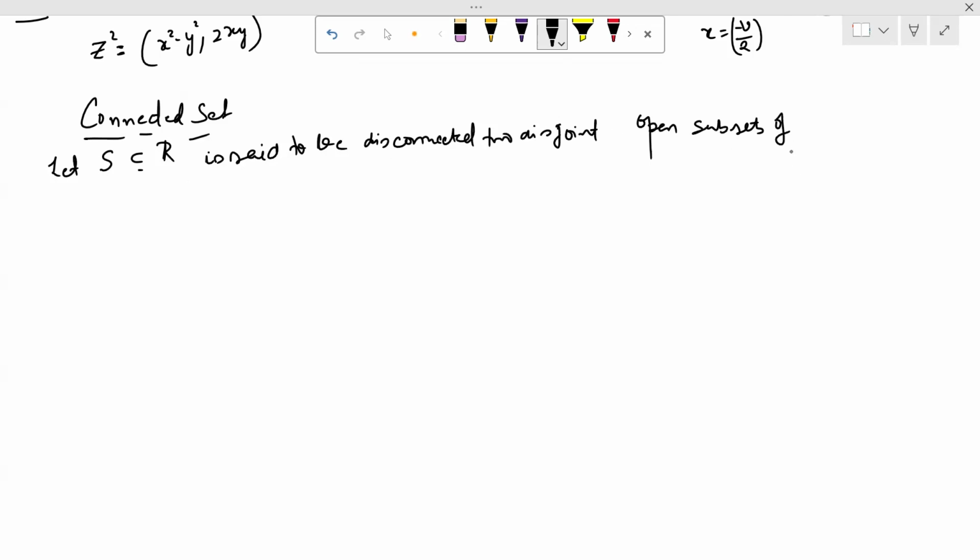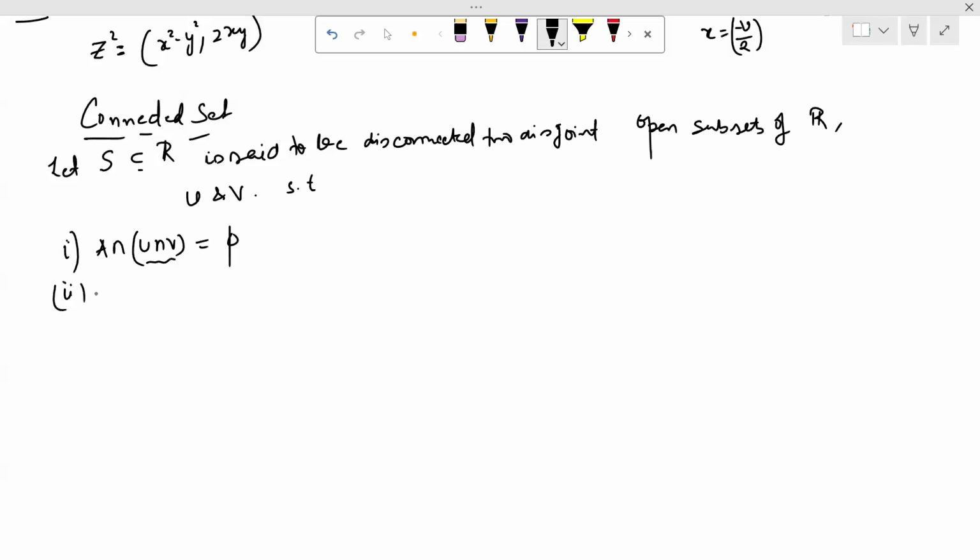Let's say they are called U and V, such that first, U intersection V is equal to phi.